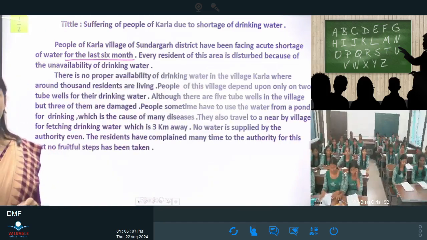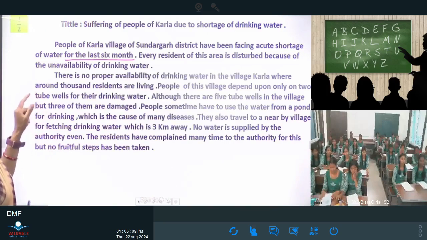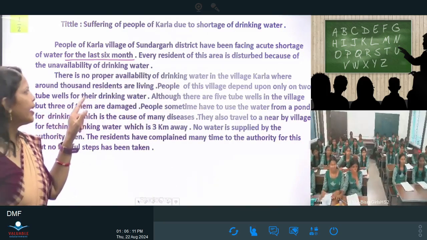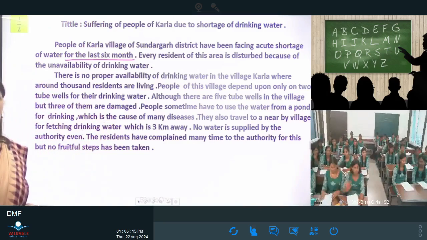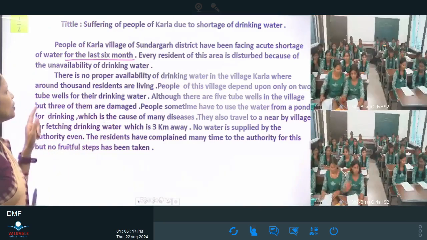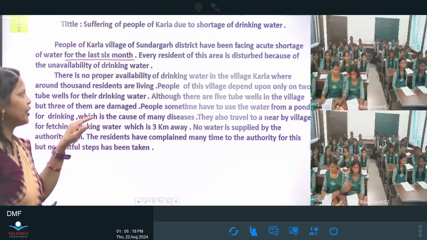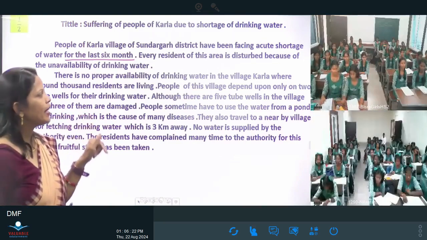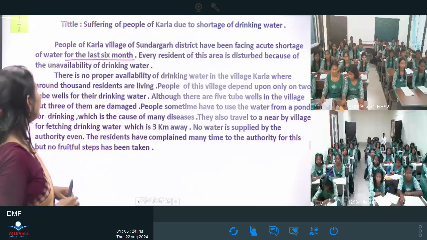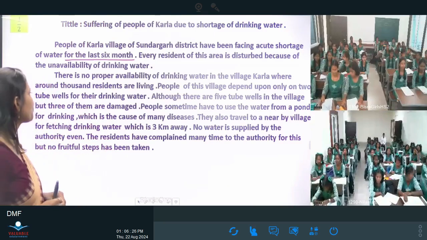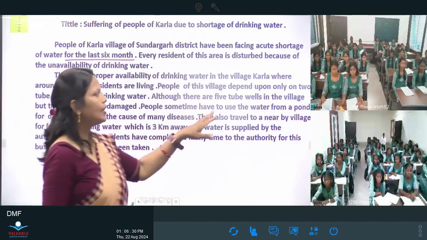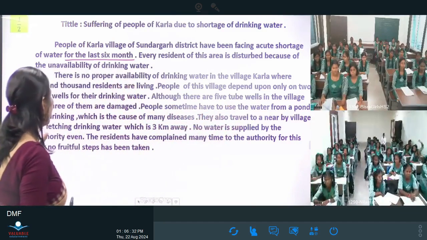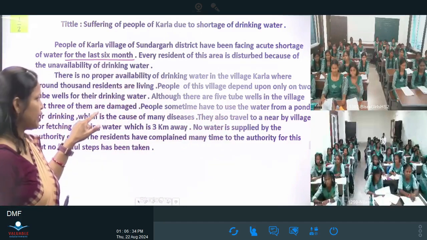main content paragraph. So main content paragraph is there is no proper availability of drinking water in the village Korla where around 1,000 residents are living. People of this village depend only on 2 tube wells for their drinking water. Although there are 5 tube wells in the village, 3 of them are damaged.